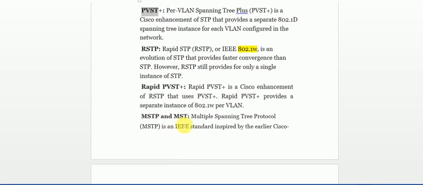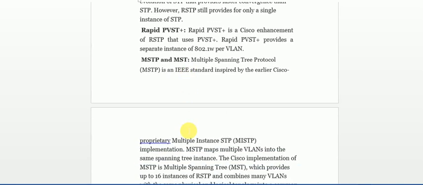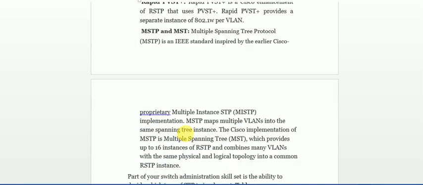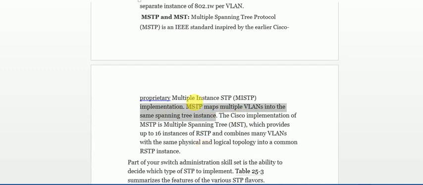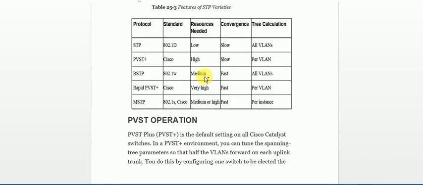MSTP, Multiple Spanning Tree Protocol, is an IEEE standard, 802.1s, and is also supported by Cisco. It maps multiple VLANs into the same spanning tree instance. Here is the difference, and also the speed of convergence for all of them.